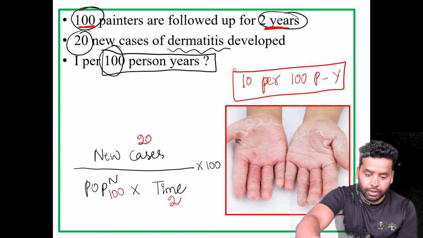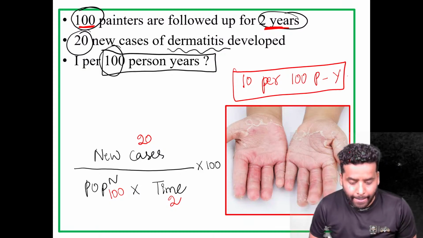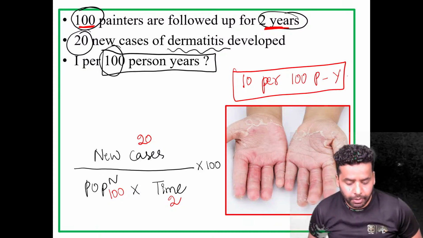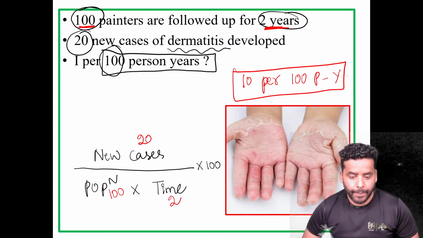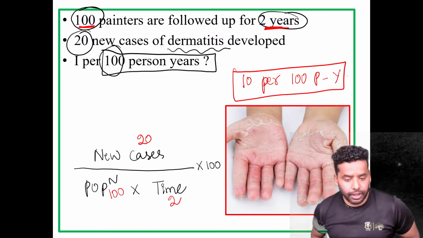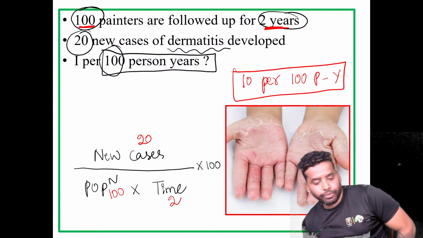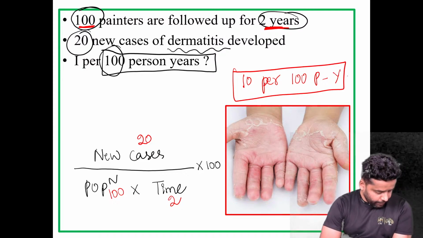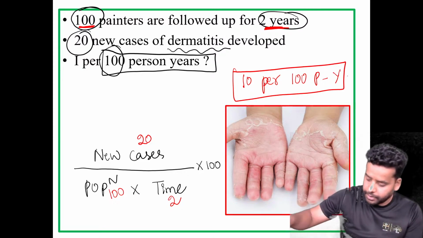This is the way to calculate the answer for this question. What is the difference between the previous question and this question? What is the denominator here? Population into time, because they are asking person years.